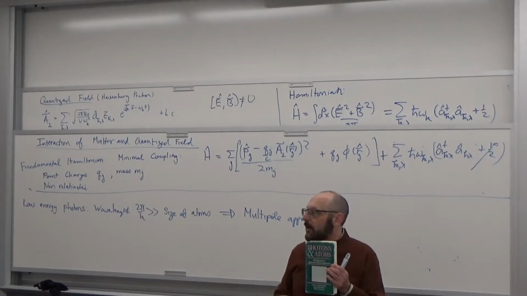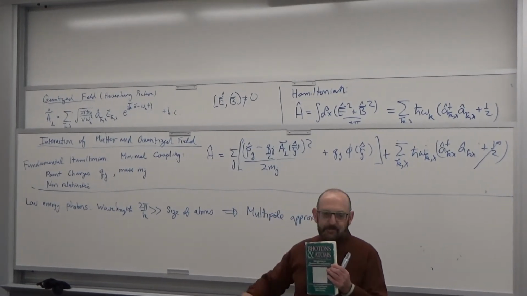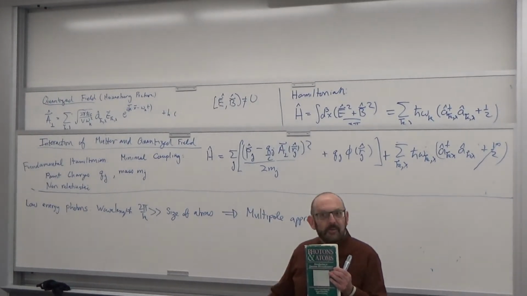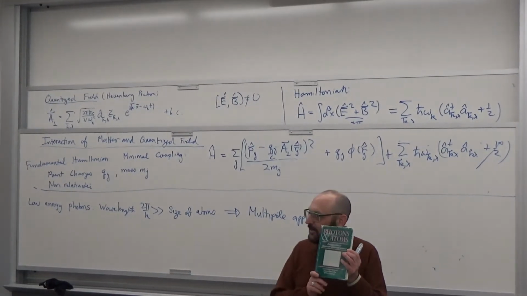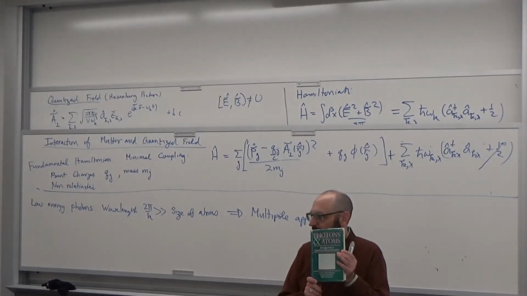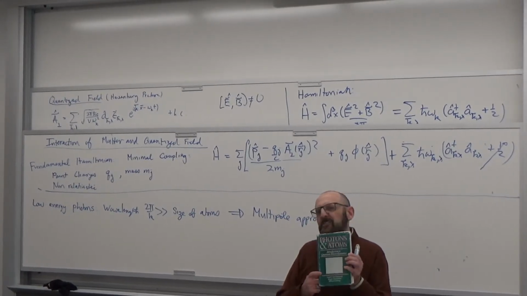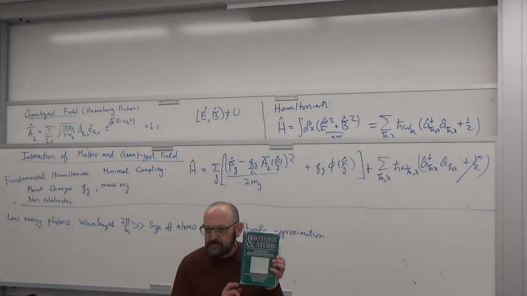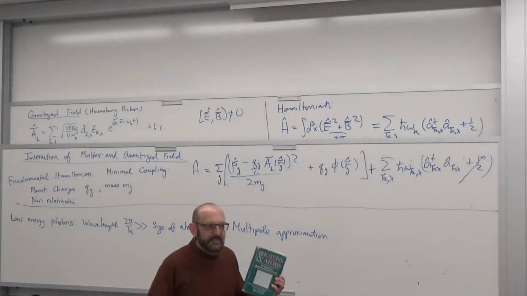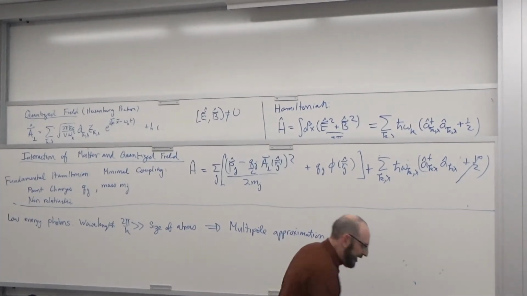It talks about a lot of the details that I'm skipping over here, like what about the longitudinal photons? Aren't those photons? I would see what you can find on Amazon. Get a hold of this if you're interested in the fundamentals of quantization from a low energy perspective.